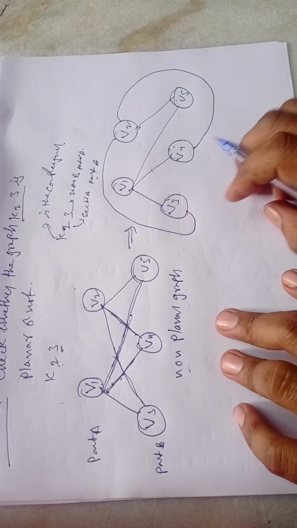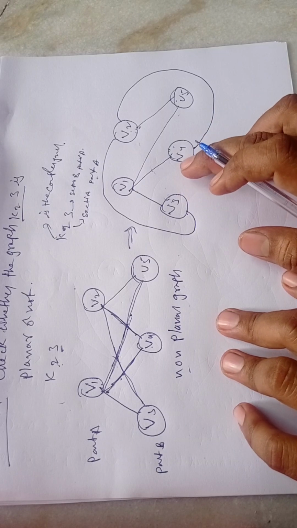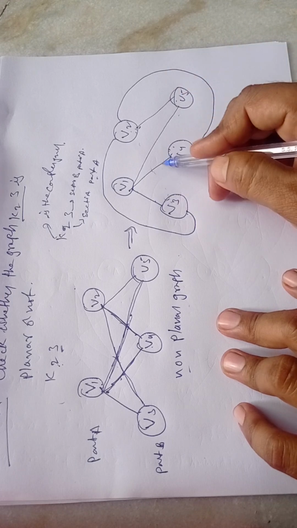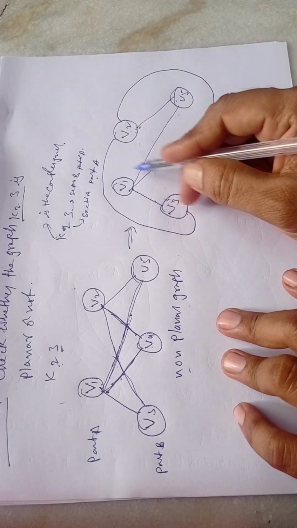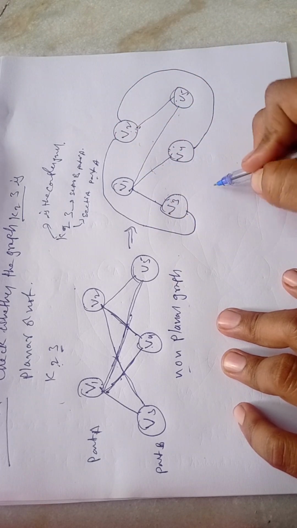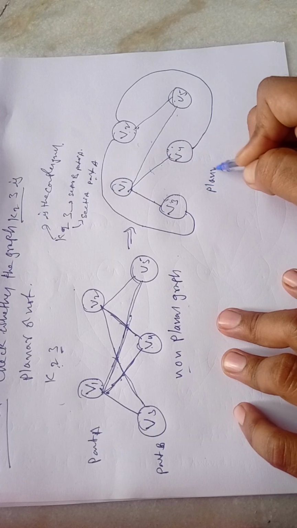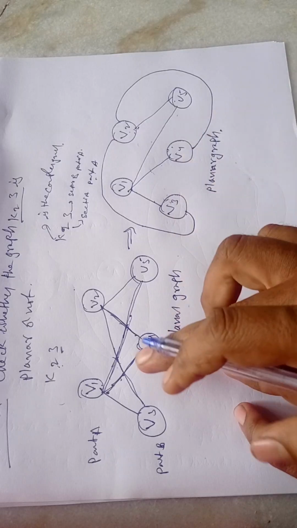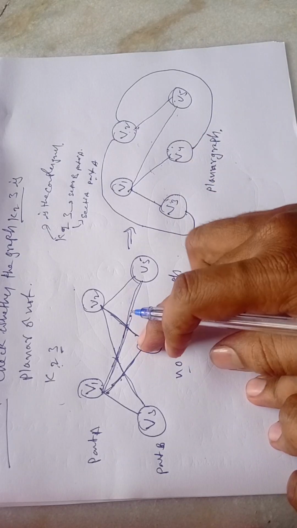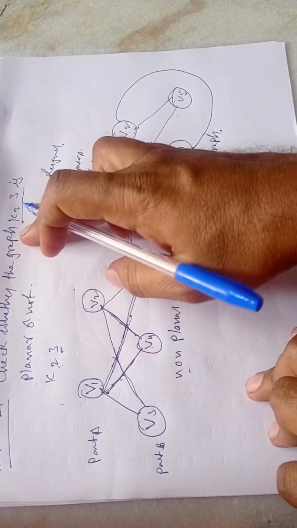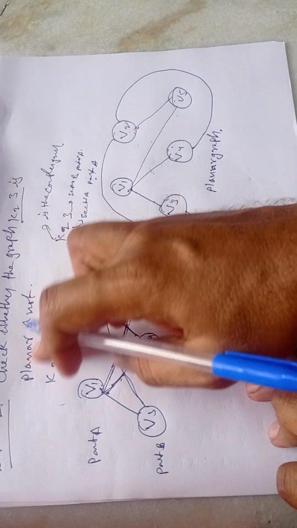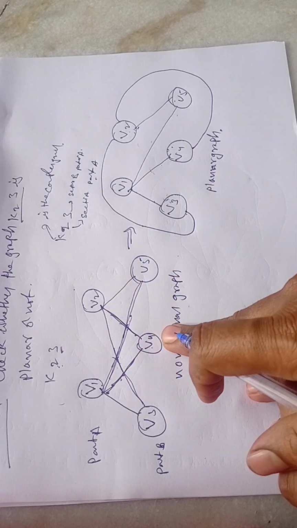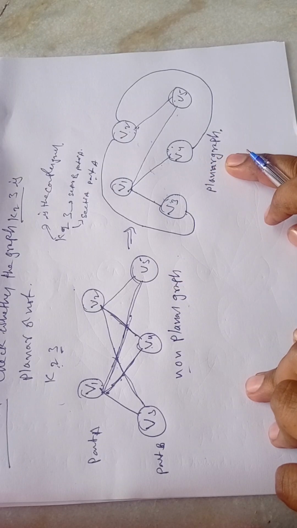A planar graph means a graph G that can be drawn without any crossing edges. So this example converts a non-planar drawing to a planar graph, checking whether K23 is planar or not.